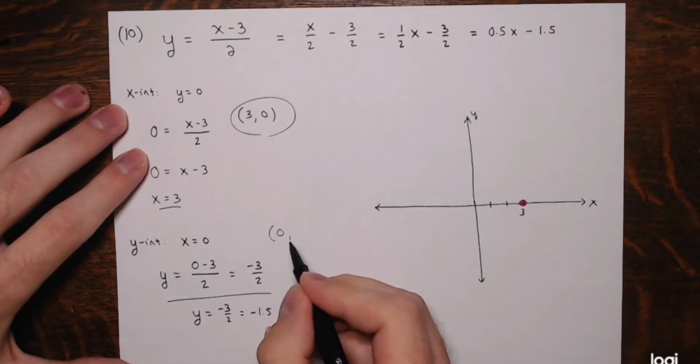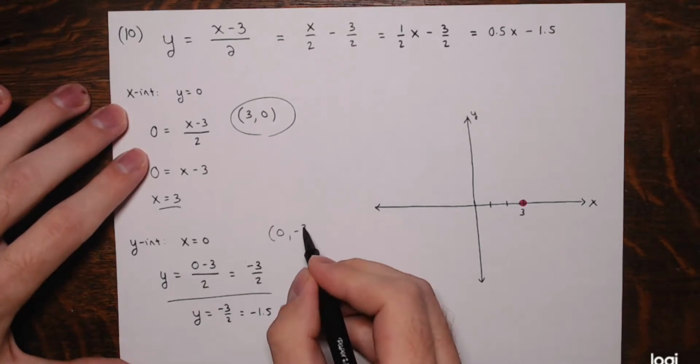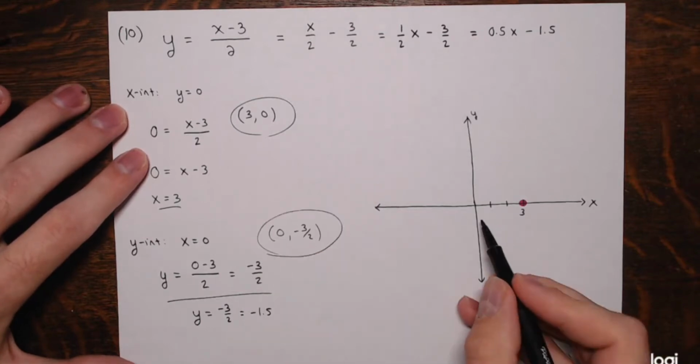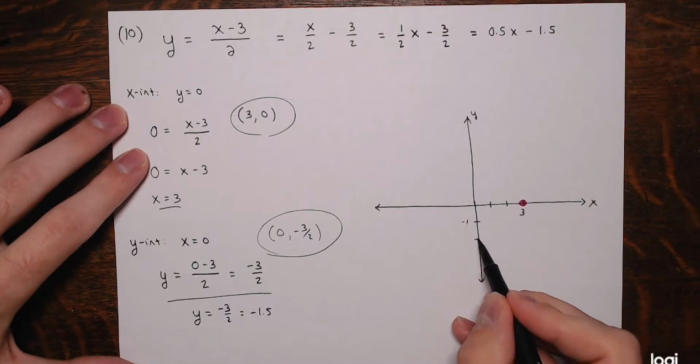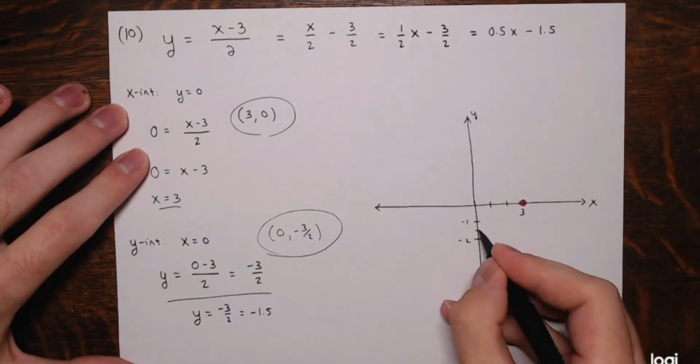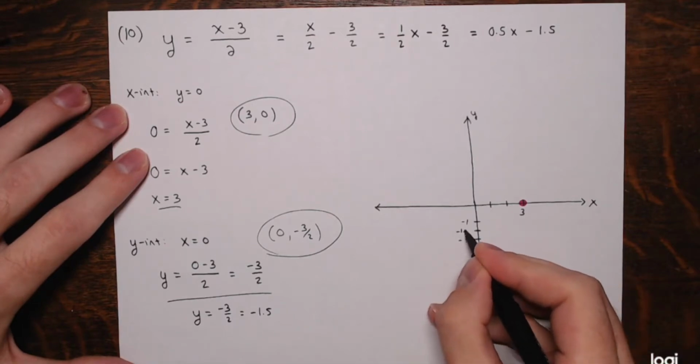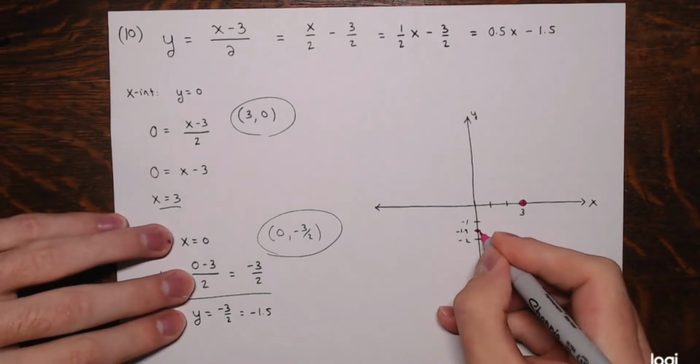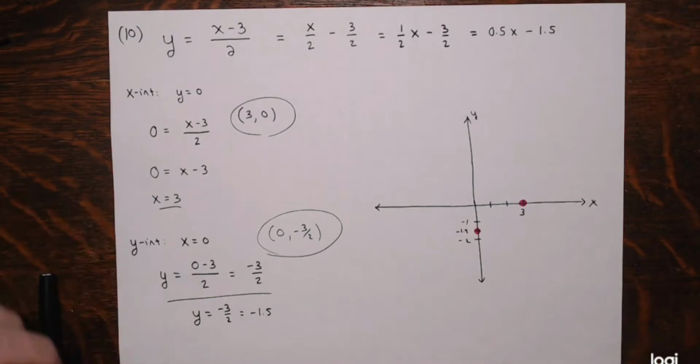So 0 for the x, negative 3 halves, or negative 1.5 for the y. There's your y-intercept. So here's negative 1, here's negative 2, and then the y-intercept is at negative 1.5, negative 3 halves, halfway between negative 1 and negative 2 on the y-axis.